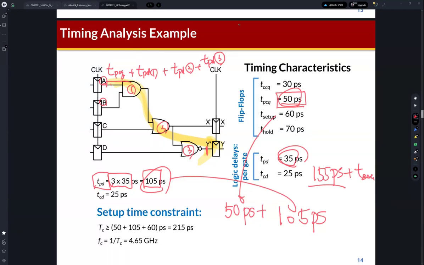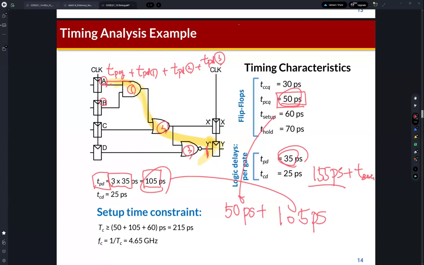We need to consider the setup time because the signal at this point needs to be stabilized setup time before the rising edge of the clock, right?